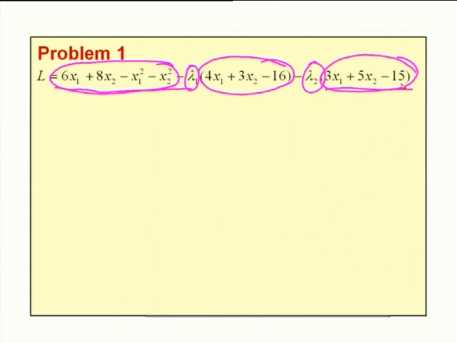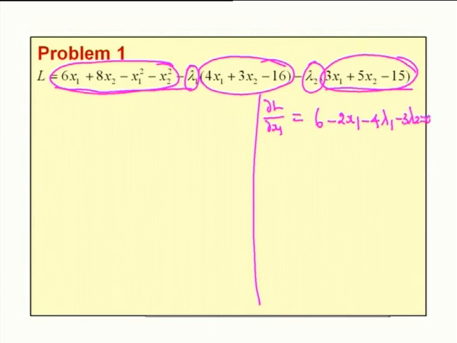Now, the necessary conditions are dou L by dou x1. For this problem, the partial derivative of this function with respect to x1 is 6 minus 2x1 minus 4 lambda 1 minus 3 lambda 2 equal to 0.